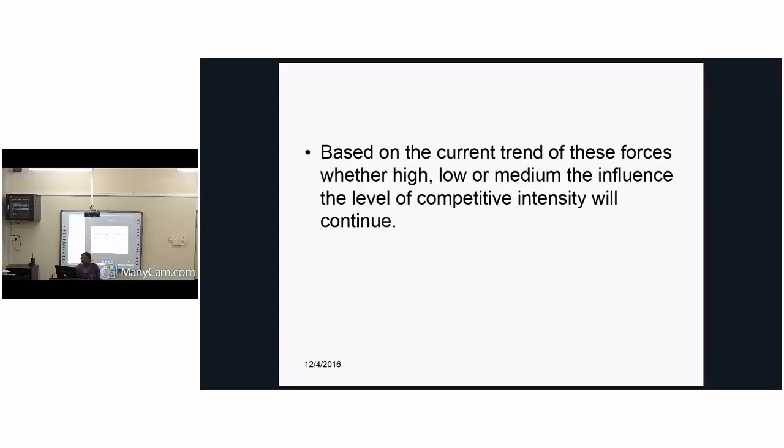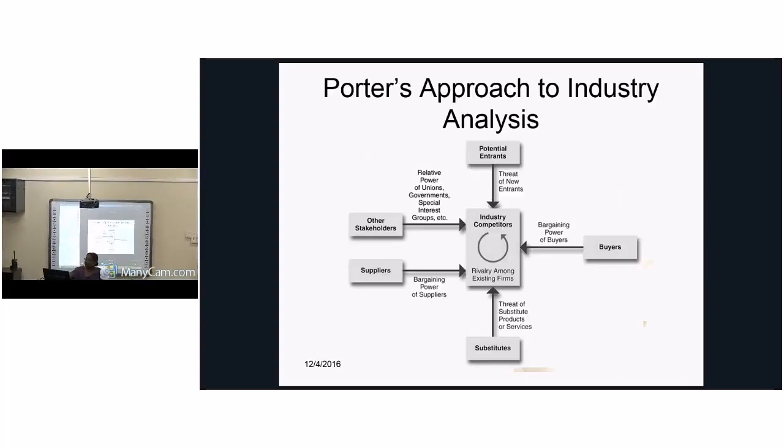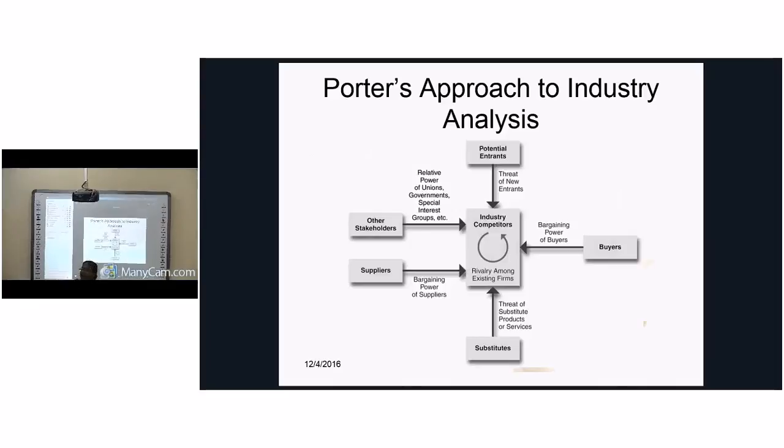You got the idea? If you look at this diagram, the potential entrants, bargaining power of buyers, threat of substitutes, bargaining power of suppliers, and relative power of other stakeholders are higher.